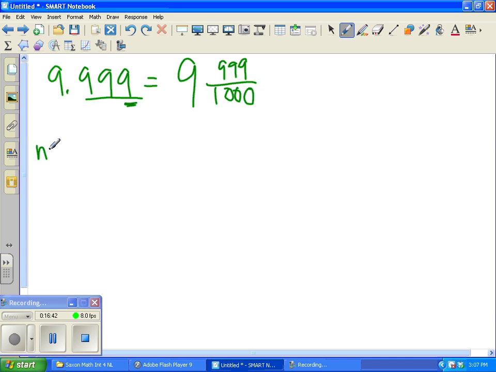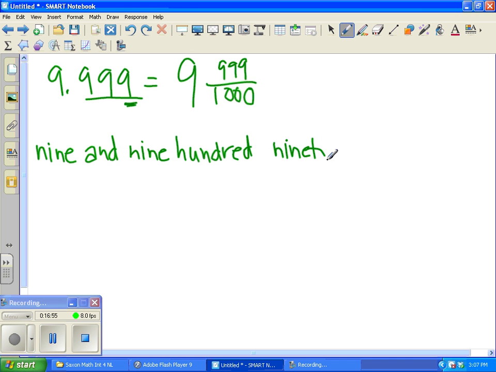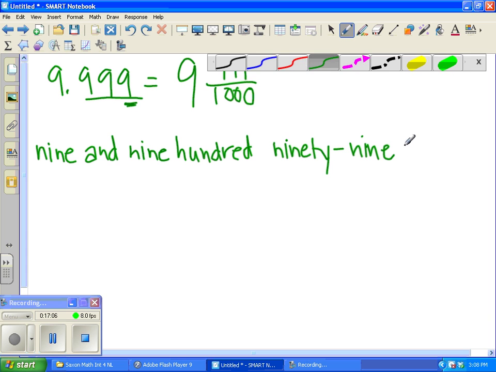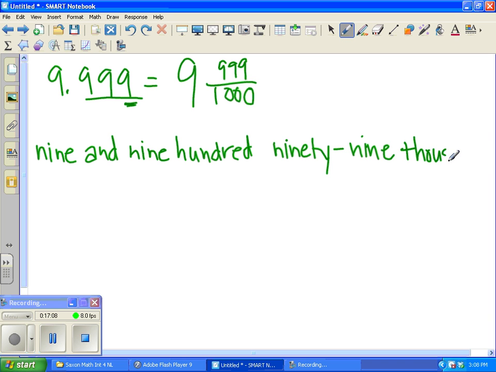So it's 9 and 999, hang on, thousandths. Ah, just barely fit it in.